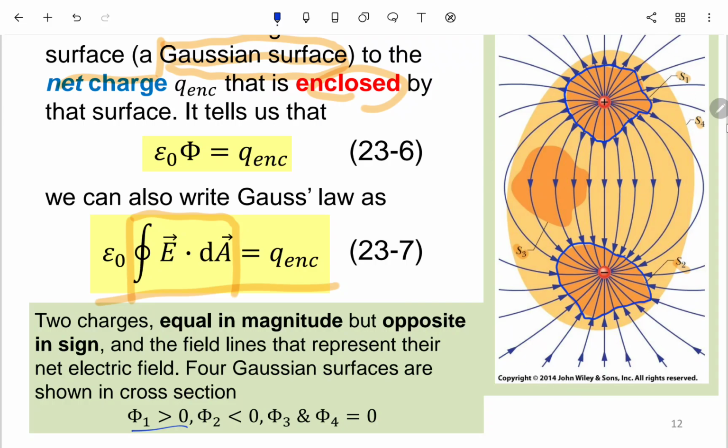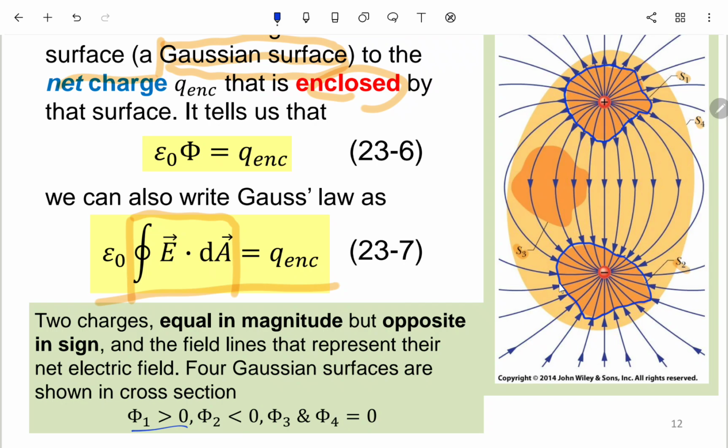Of course you should consider this as a whole, a single figure, which means that in the space we have a positive charge here and a negative charge here. So when we consider S1 we have a positive charge, the negative charge is also there, but this negative charge is outside this S1. So when we consider S1 for the phi 1 Q enclosed, we don't count this negative charge, because it is outside of the S1.